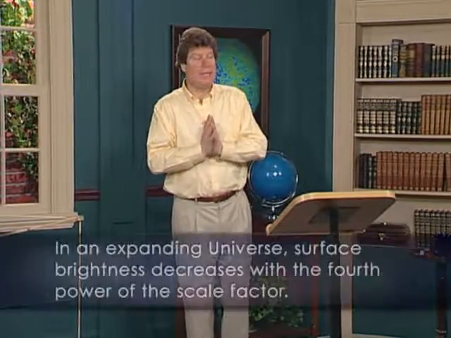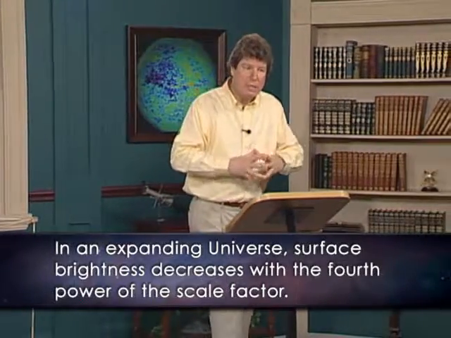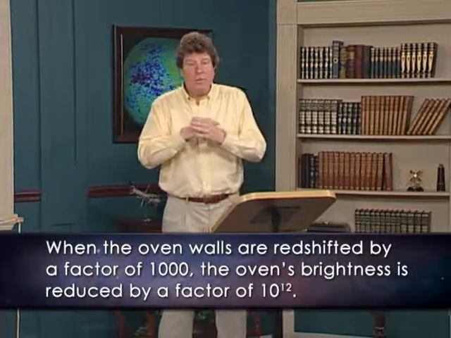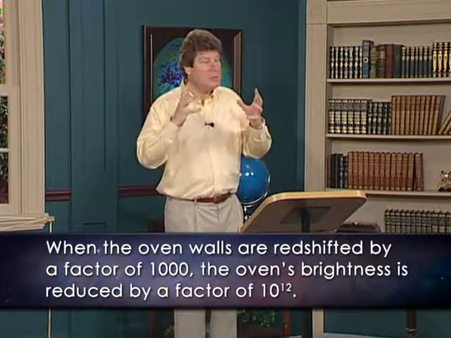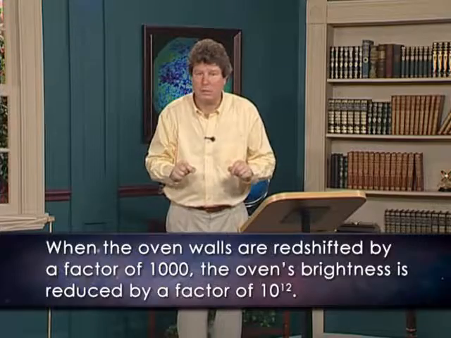Now, what saves us is cosmic expansion, which transforms this brilliance into an imperceptibly feeble microwave background. Remember also from Lecture 8, in an expanding universe, the surface brightness decreases with the fourth power of the scale factor, so that when the oven walls are redshifted by a factor of 1,000, the oven's brightness is reduced by a factor of 10 to the 12.